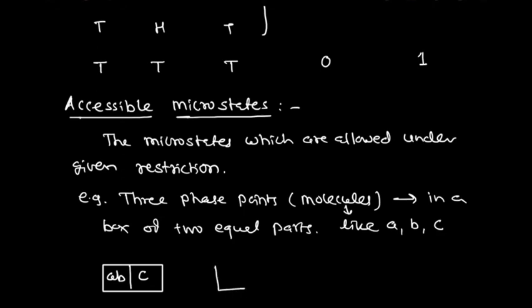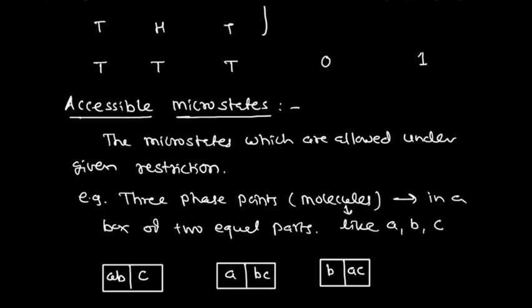Now another macrostate is that A, B, C. Next one, B, AC, and so on, or we interchange the number of phase points in the two equal parts, the microstate remains same.